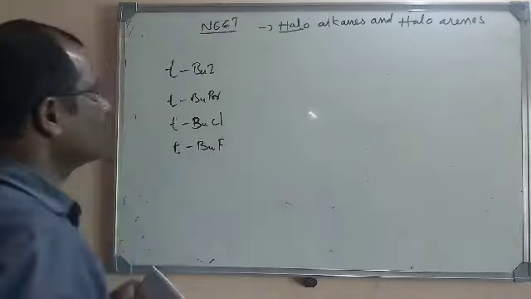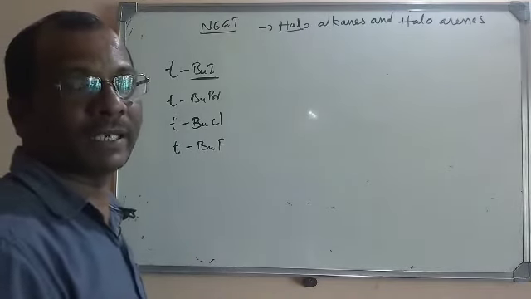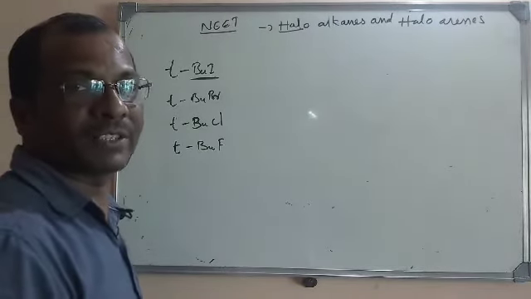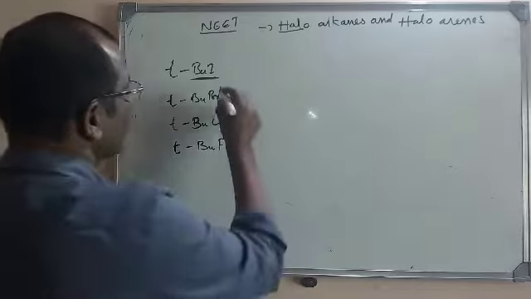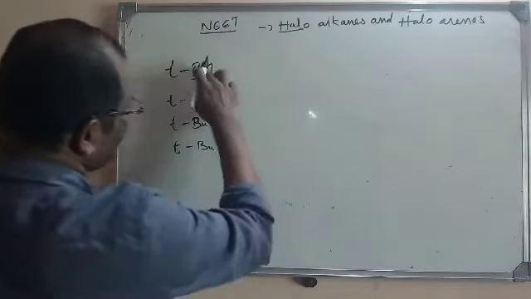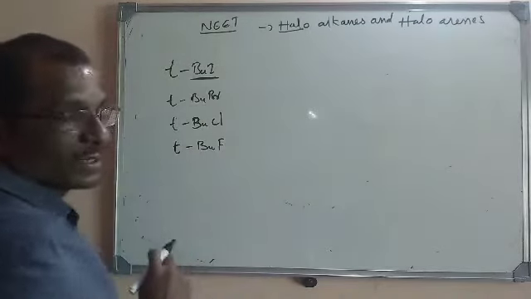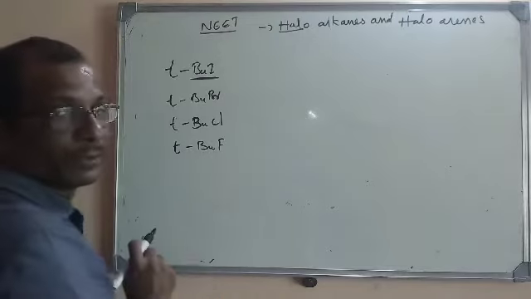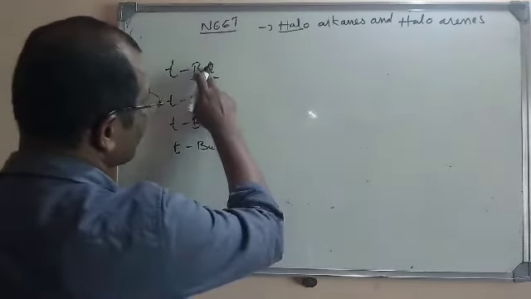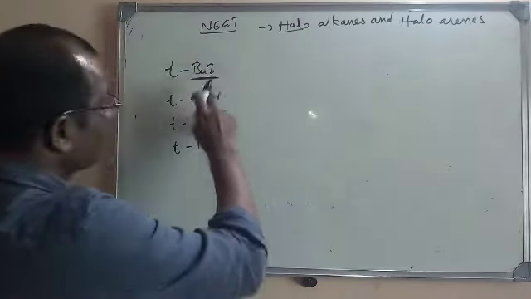We all know that in tertiary butyl iodide the C-I bond length is more and it is the weakest bond. It can be broken very easily. All are having the same alkyl groups and the same carbon they are bonded to. So the C-I bond is weaker here, then C-Br, then C-Cl, and then C-F. The weakest is this one.